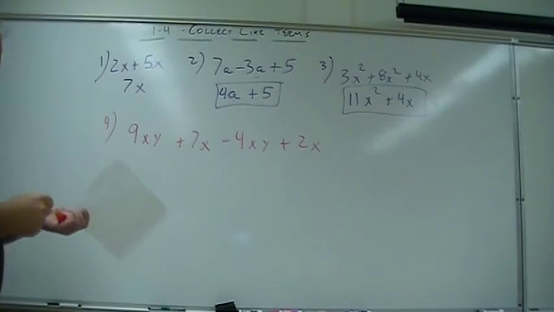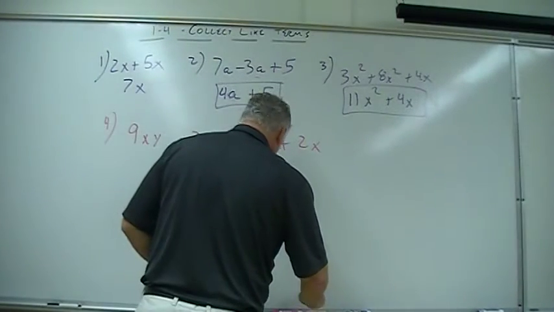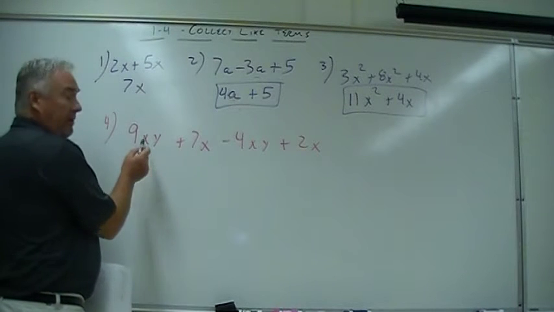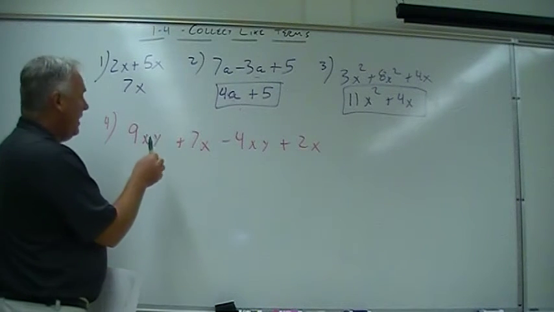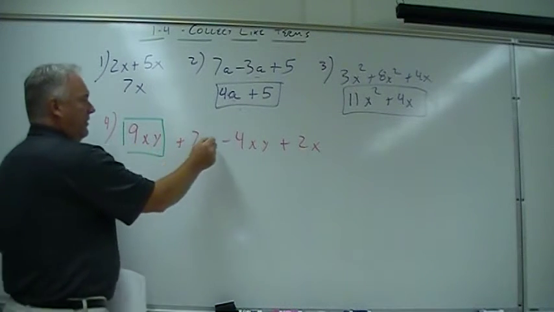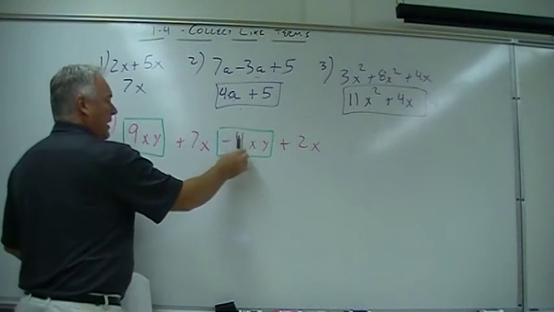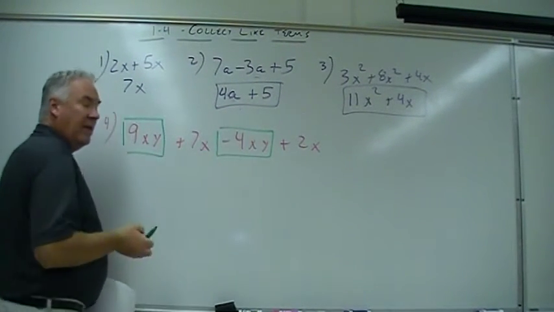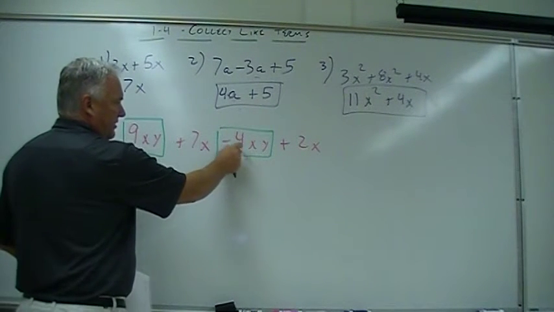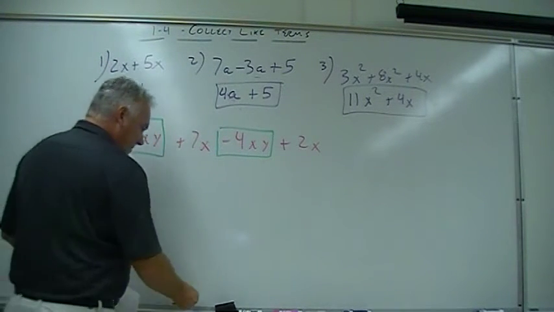Right, so one of the things that I work on, and maybe your Algebra 1 teacher did this as well, find a way, whether it be with colors or shapes, meaning you could box the terms that are alike. xy, xy. Keep the sign with the term. That is important. So this sign is attached to this term.